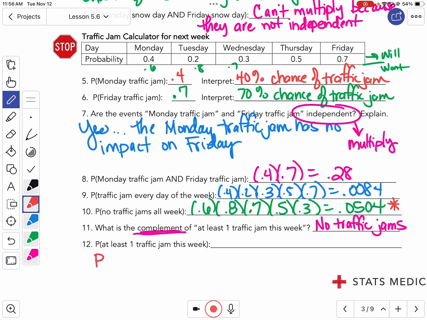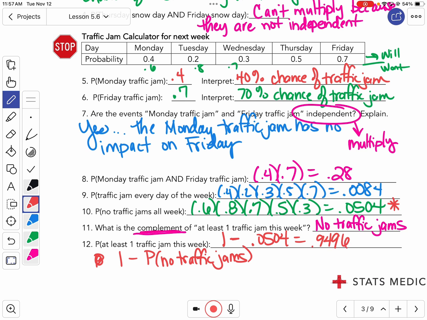So if I do the complement, I should get at least one traffic jam. So we're going to do 1 minus the probability of no traffic jam. So we're kind of using the complement in reverse. All right, so 1 minus no traffic jams, 0.0504. So we're going to subtract it. Okay, it's 1 minus no. And so that would give me 0.9496.